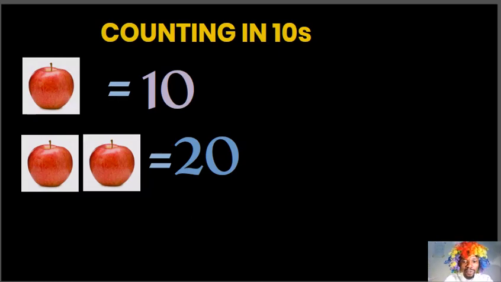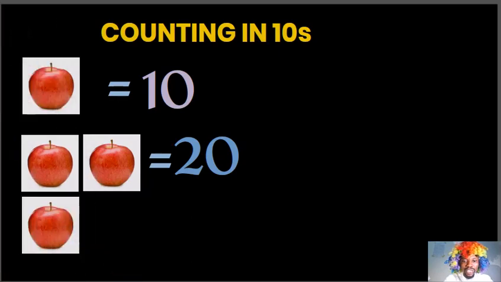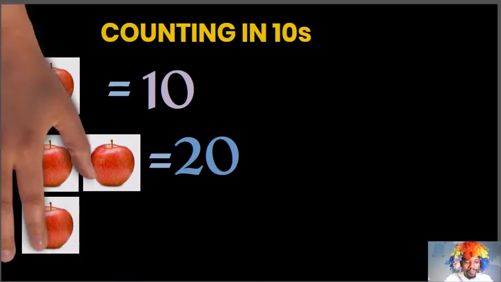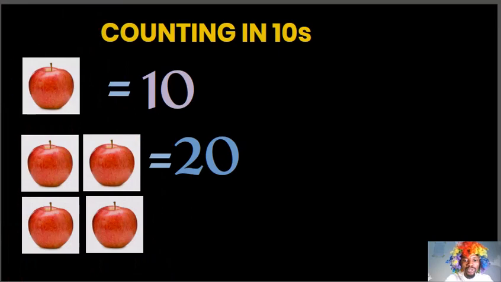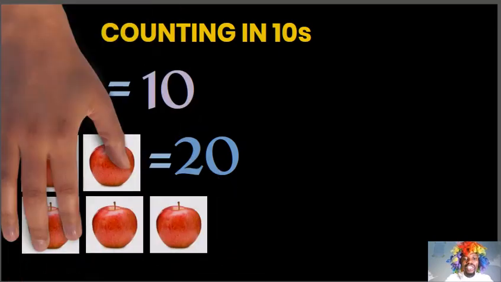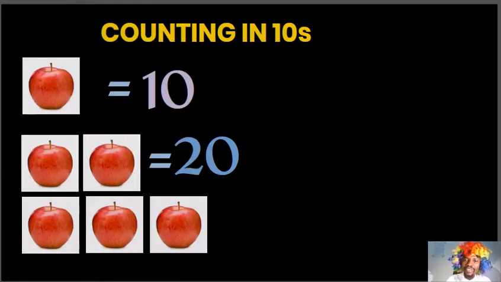Okay, making progress. And then next one, let's bring another apple. Then make it 3. So first we had 10, 20. The third one here, these 3 apples, how many are we going to have?